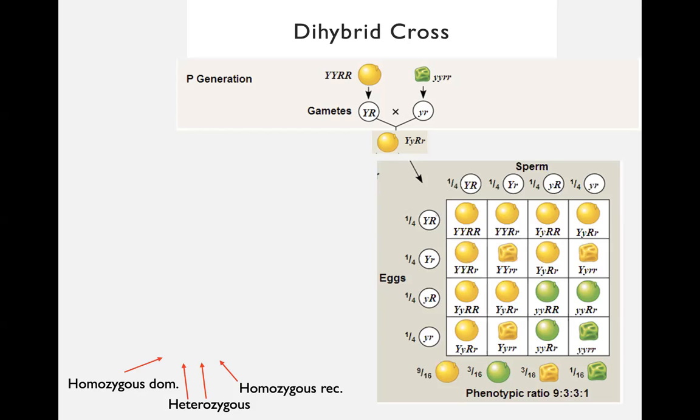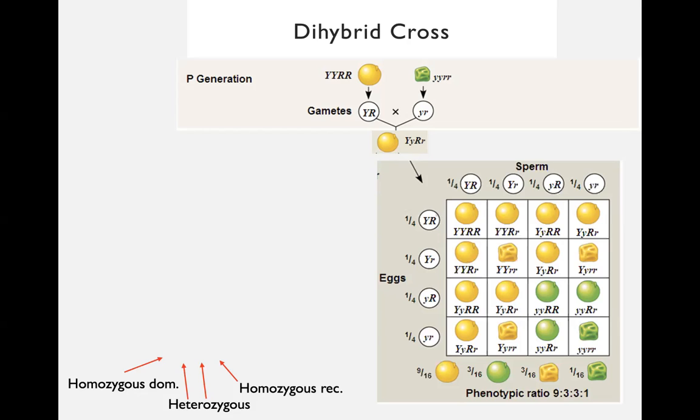He can donate a big Y and a little r. He can donate a little y and a big R. So basically every possibility. And then he can donate a little y and a little r. But notice there's only one y and one r in each gamete. That's where it can get a little bit confusing. You can't have two y's or two r's in a gamete.